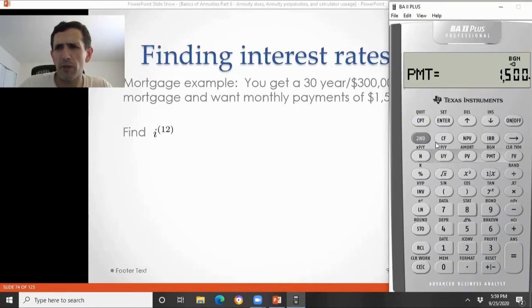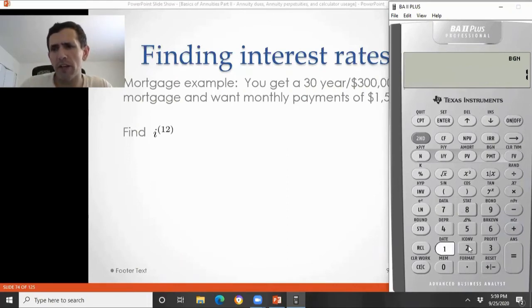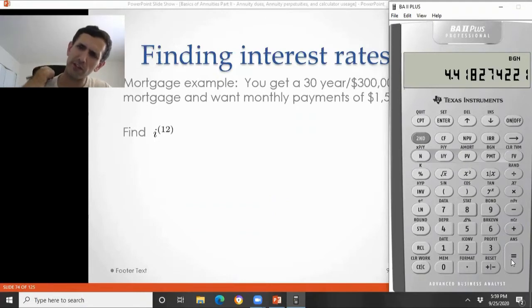So we go to compute I/Y, and then times 12, because this is as a percentage the effective monthly interest rate, multiplied by 12 to get the nominal monthly interest rate. And it's a little different, 4.41 or 4.42%.